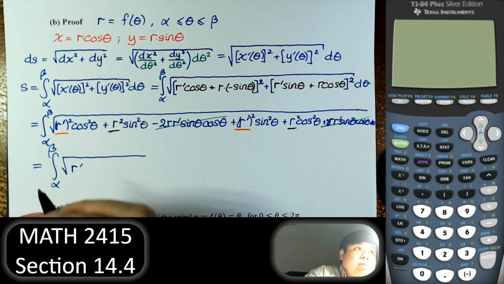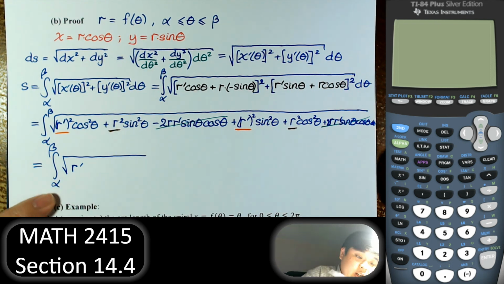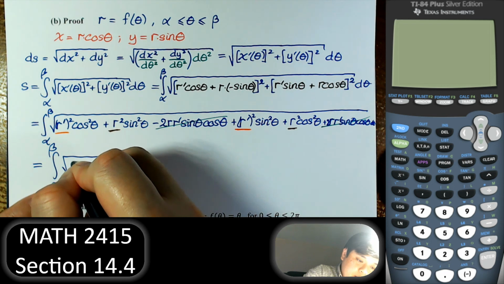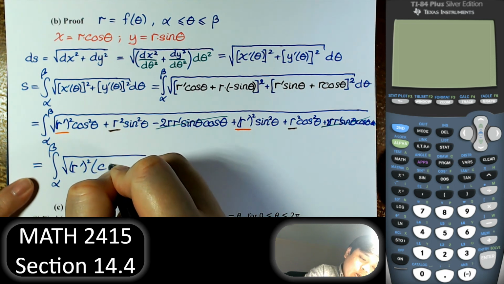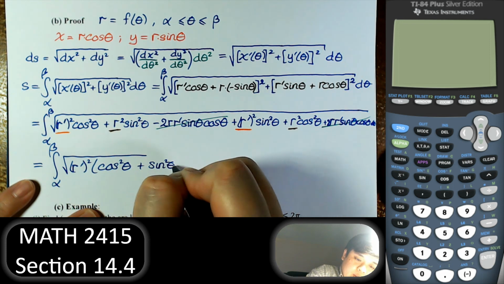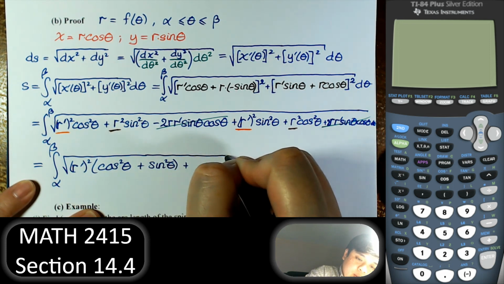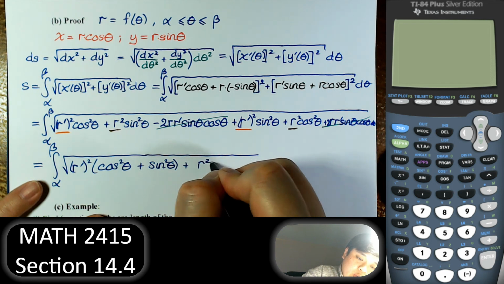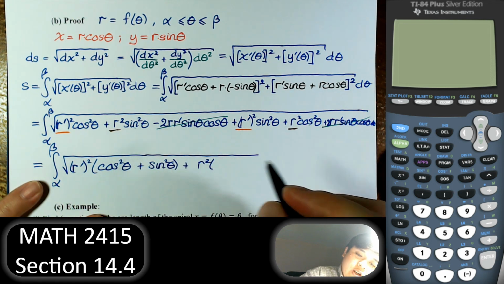R prime, of course, r is a function of theta, cosine squared plus sine squared, r squared sine squared plus cosine squared.